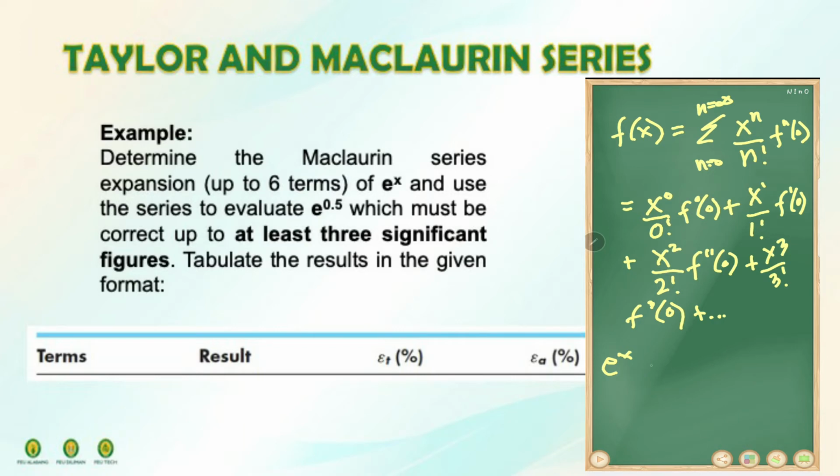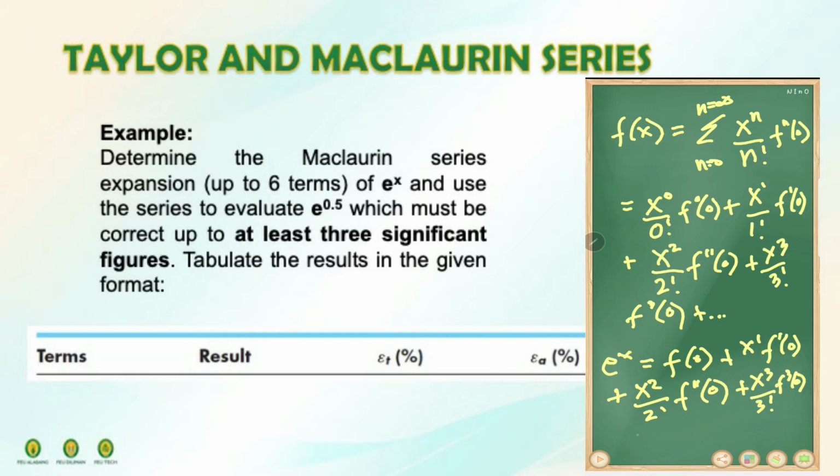So e raised to the x power is equal to x raised to 0 over 0 factorial, so therefore we have f of 0, plus x to the first power over 1 factorial multiplied by f prime of 0, plus x raised to the second power over 2 factorial times the second derivative of 0, plus x cubed over 3 factorial f3 of 0.